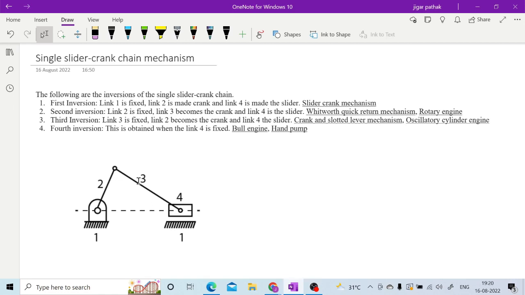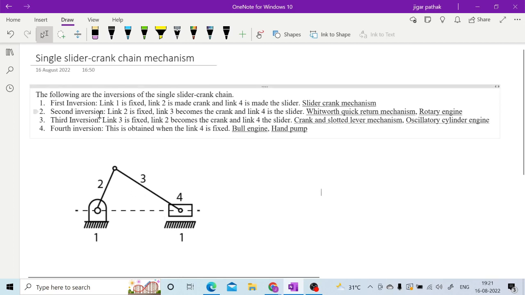As you can see on your screen, you are having this fixed link, then the crank, which is having full rotation, then the connecting rod, and then the slider. So the first inversion is when link 1 is fixed, link 2 is the crank, and link 4 is the slider. So this is your simple single slider crank mechanism, right?